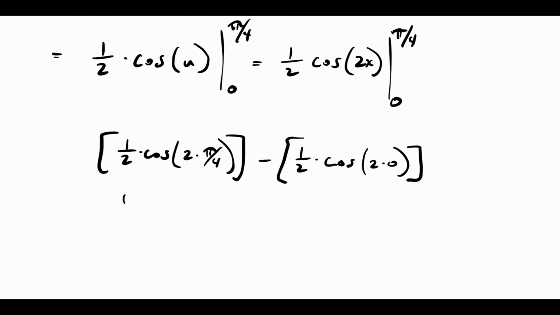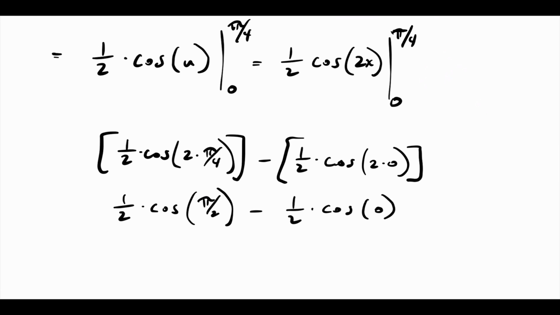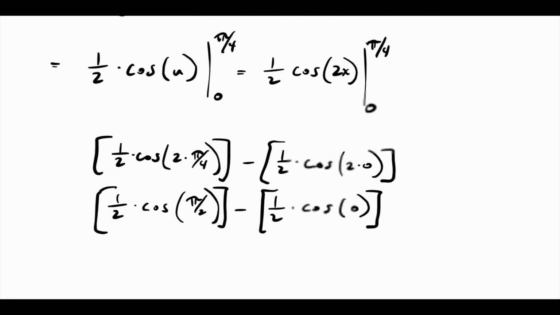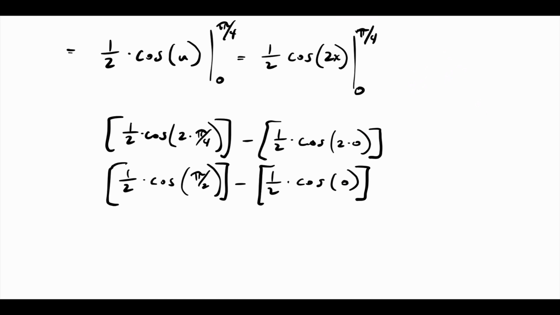Okay, so 1/2 times cosine of pi over 2, because 2 times pi over 4 reduces there, minus 1/2 times cosine of 0. Well, cosine of pi over 2, I believe, is 0.